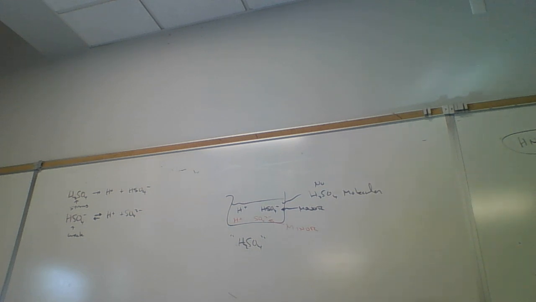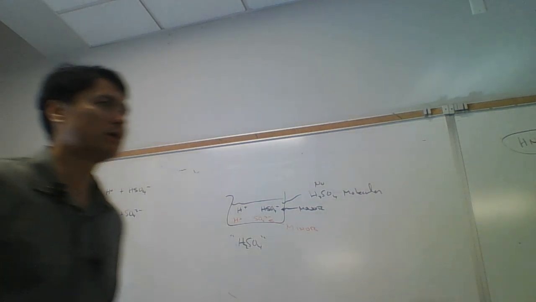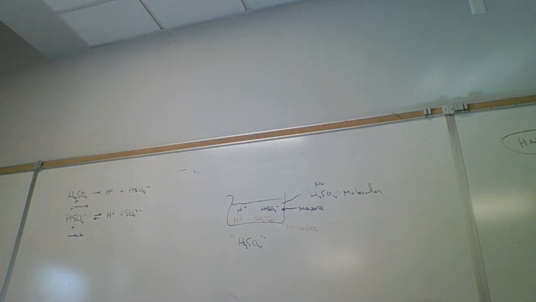And so this one is kind of weird because it's a composite. It's a strong acid and a weak acid. And so we get full ionization and partial ionization. The next example is this one here, HC2H3O2. Do you recognize this acid? Acetic acid. Is acetic acid strong or weak?